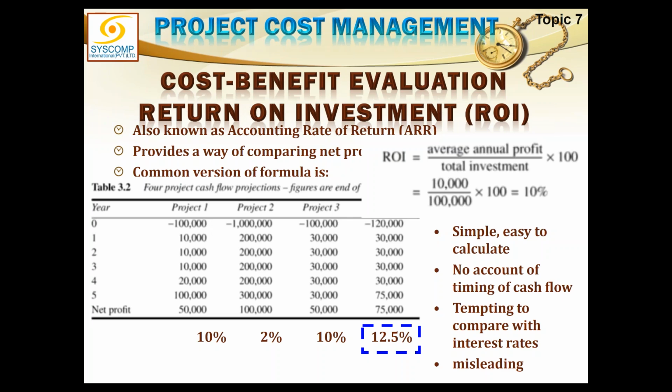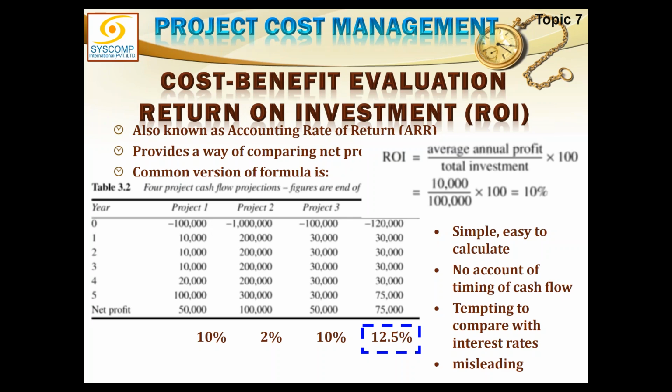So after calculating the ROI for all the 4 options, I see project 1, option 1 is 10%, option 2 is 2%, option 3 is 10%, and option 4 is 12.5%. So from ROI point of view, project 4 seems to be the best. And project 2, which from net profit point of view was the best, is the worst in ROI.